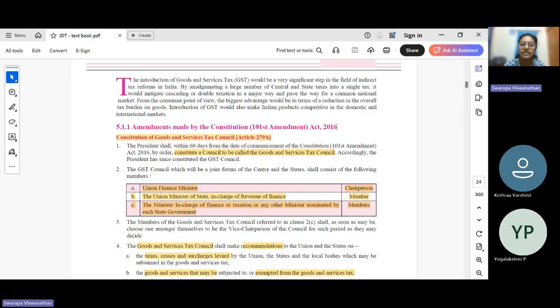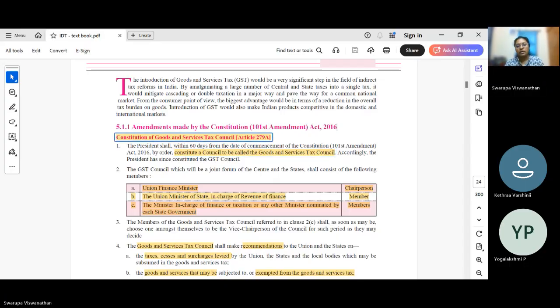And Article 279A, formation of GST Council. So the formation of GST Council, how they recommend the rates, what is the composition, what they administer, all this is covered under Article 279A. Okay, so 246A, 269A, 279A. You should know what these 3 articles are, which were inserted by the constitutional amendment, which is amendment number 101.